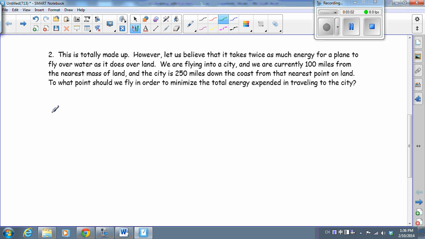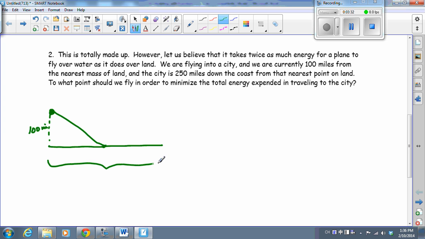I will start by the position of the plane, which is here. Straight down, I will have a total of 100 miles. Let's say we start here. This distance is actually equal to 250, the whole thing. It's 250.